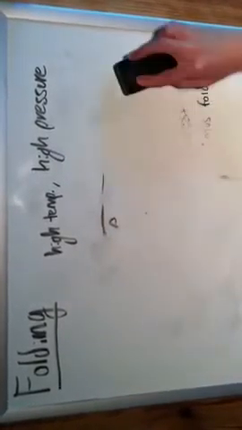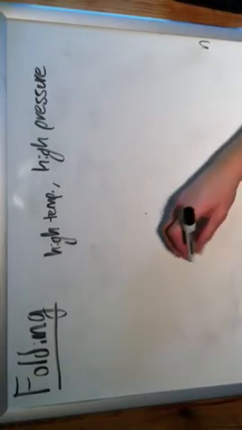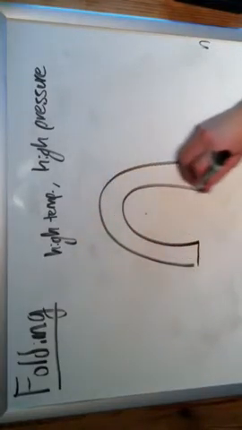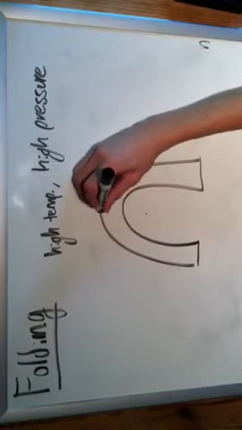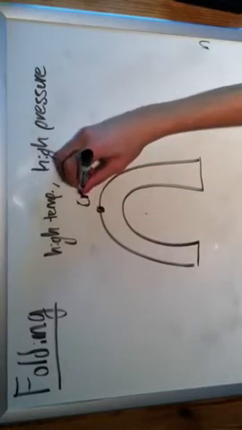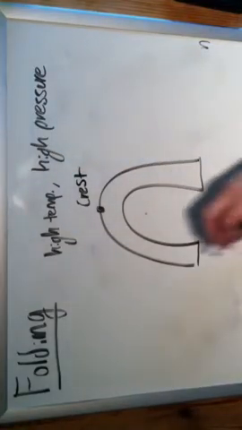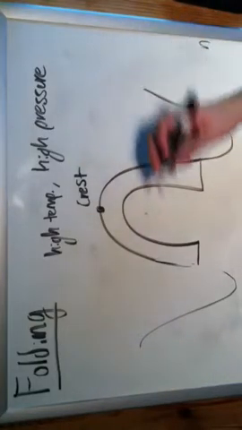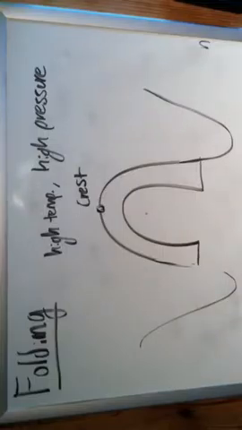And now the final piece I wanted to talk about is just pieces common to all folds. So we'll just draw a generic, we'll have this be an anticline, I guess. And let's just say it looks something like that. And I mentioned these terms earlier. At the top here we have the crest, kind of like the crest of a wave, I guess, if you want to look at this as something like maybe a sinusoidal wave, and just think about it like, oh yeah, crest at the top of this structure.